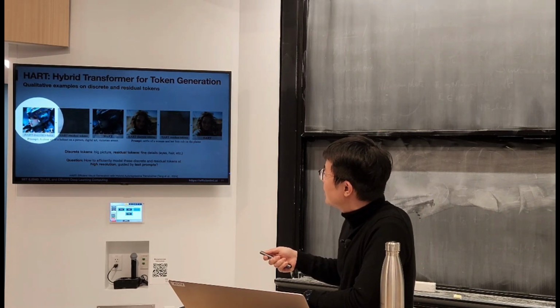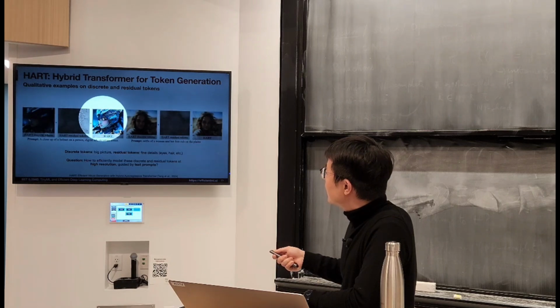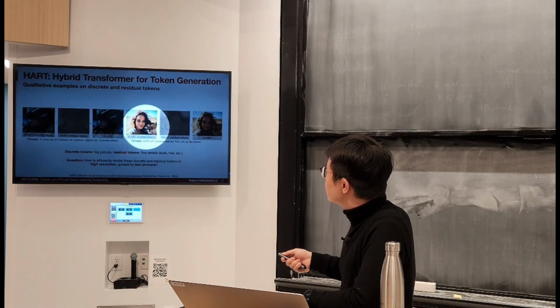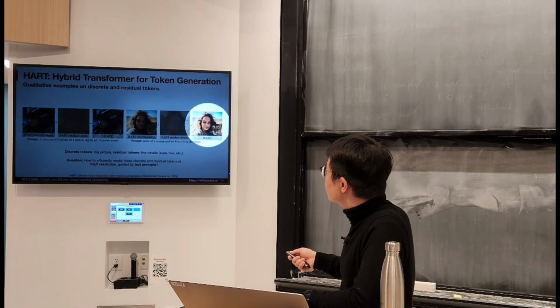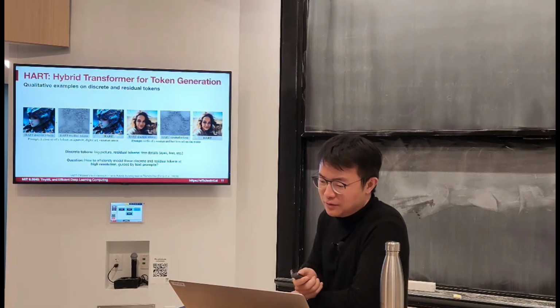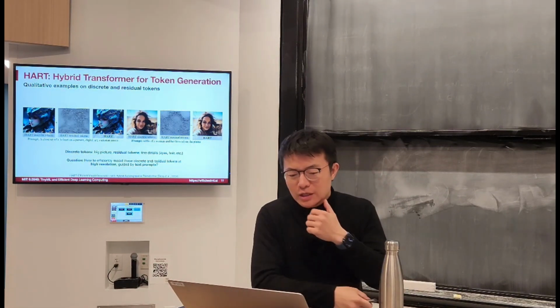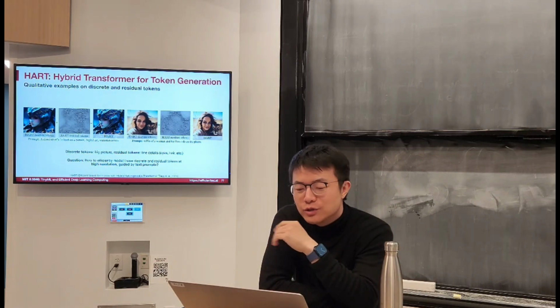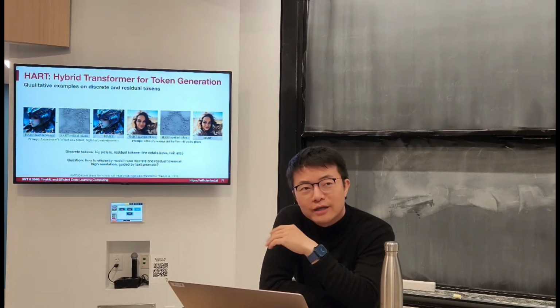Like previously, you can see the eyes right here compared with the eyes from ours. This is the discrete only. This is the discrete plus the residual, which added a lot more fine-grained detail. So the discrete tokens are basically learning the big picture, while the residual tokens are learning the fine details like the eyes, the hair, etc.